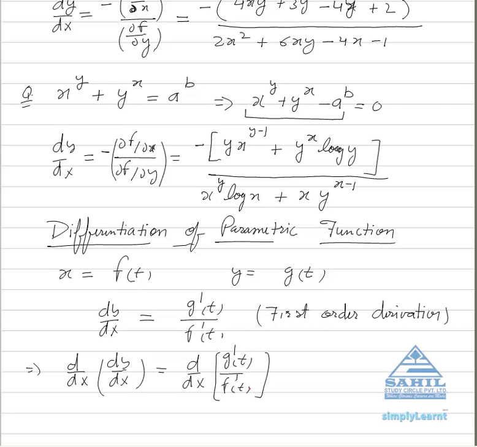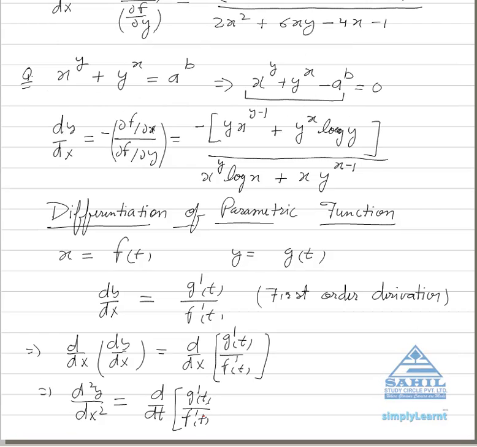Okay, now see this, it will become d²y/dx², that will be equal to, now you cannot differentiate a function of t with respect to x, so what I have to do, it is in the form d/dt of g dash t upon f dash t into dt/dx.